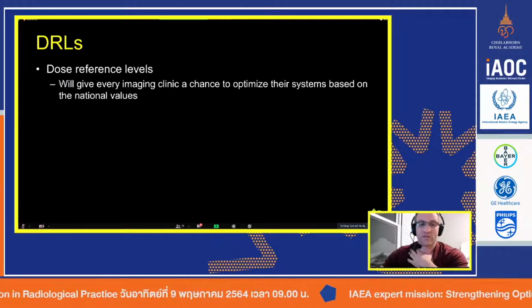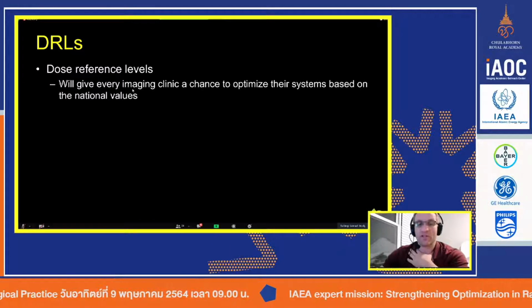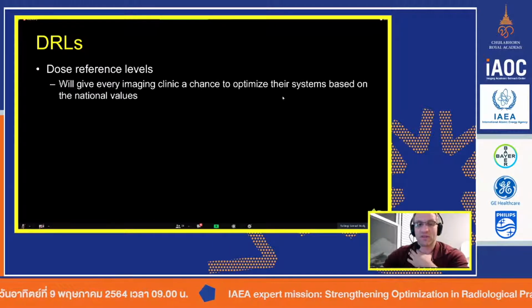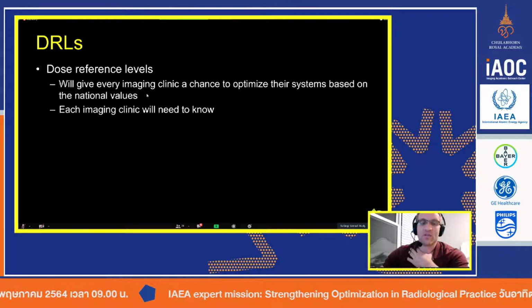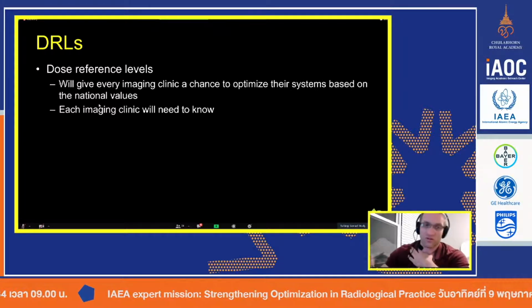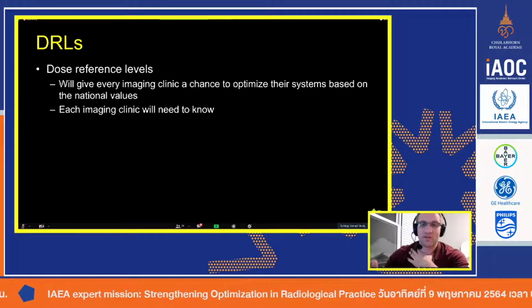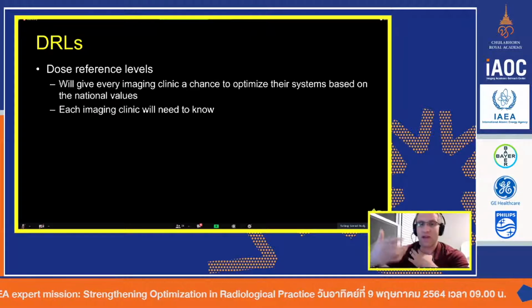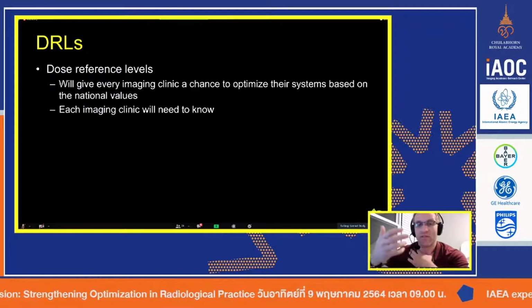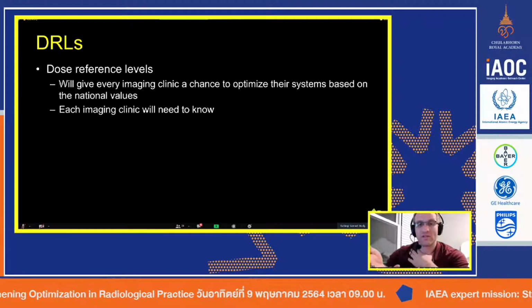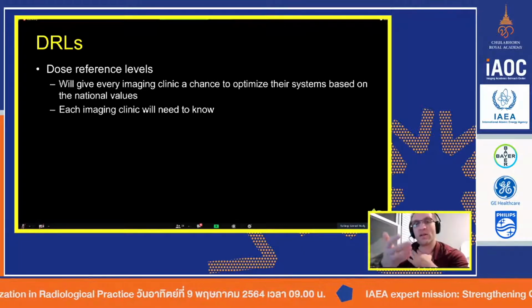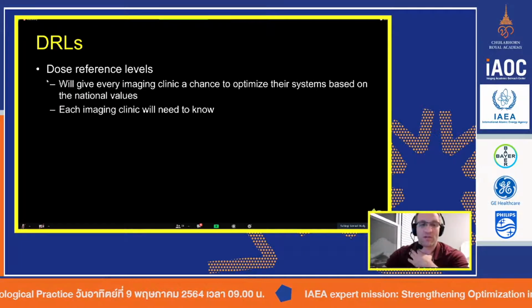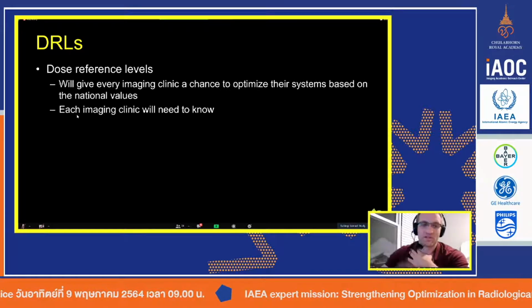Diagnostic reference levels, of course, will give every imaging clinic a chance to optimize their system based on the national values. You don't necessarily have to go through all of these steps that we've talked about. If you don't have the physicist, if you don't have the capacity to do these calculations, you can at least rely upon the DRLs provided by the government, or by the national institutions, I should say.